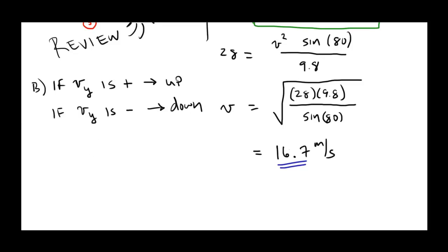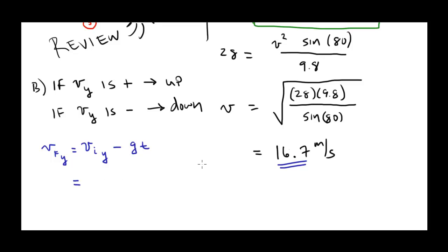So what can I do? Well, I can use one of my kinematic equations. I'm going to say V final y equals V initial y plus gt, where I remember that g is negative. So I'm just going to go ahead and call this negative. All right, well, let's find V final y.